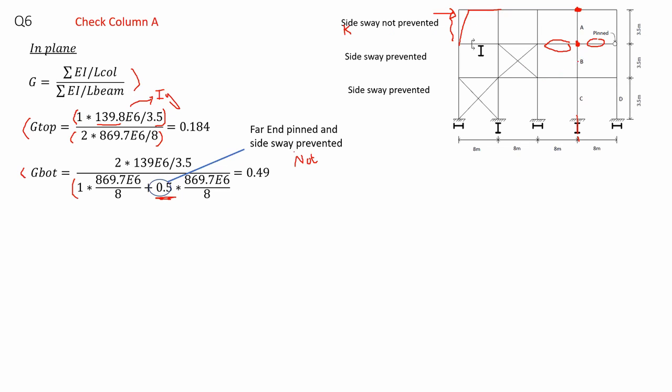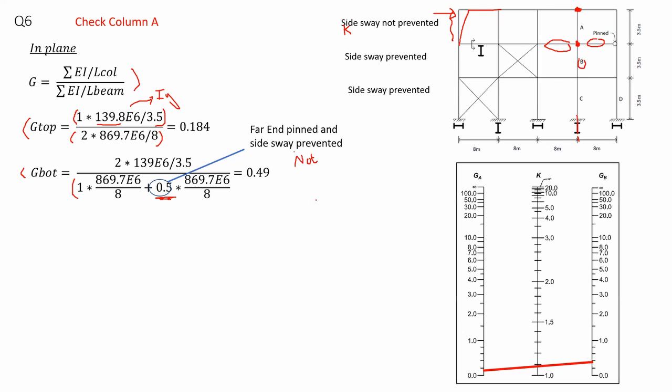When we look at column B at this floor, we see that there is a bracing, and because of this bracing, the sidesway is prevented. The same applies for this floor at the ground level. We see that the sidesway is prevented even though we have one bracing on one bay. It would give the effect for all the floors.